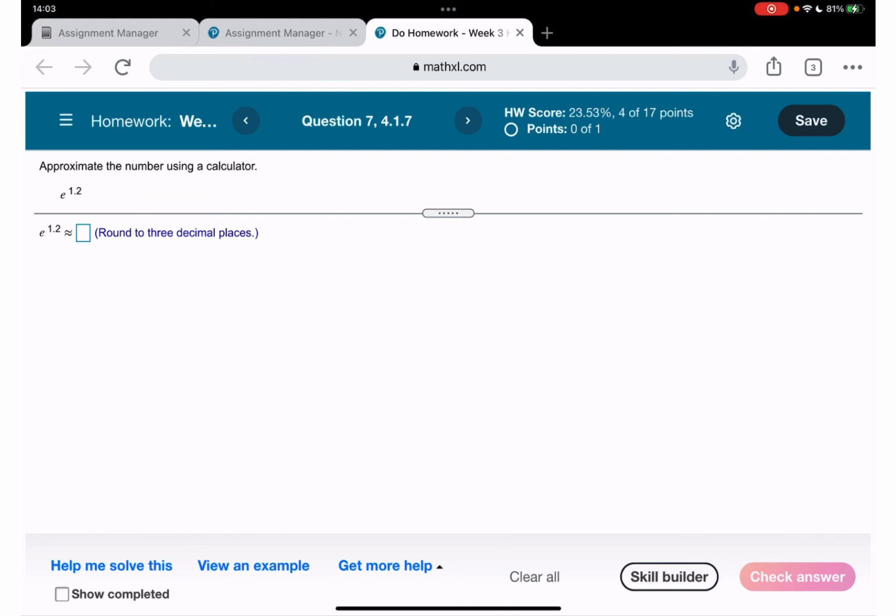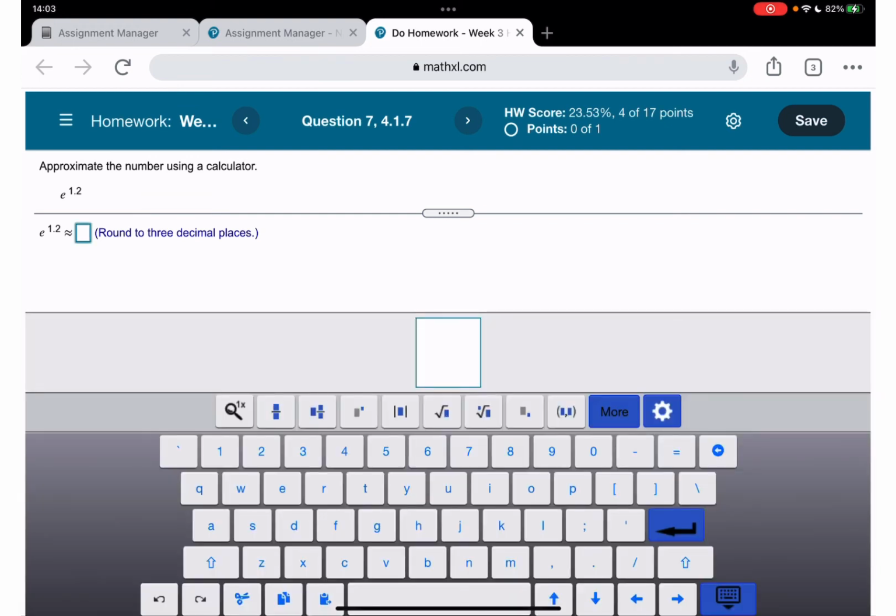So I'm going to punch e and then X to the power Y, and my power is 1.2, and I'm getting 3.320. Why did I add 0? Because it's asking for 3 decimals and I don't have rounding to anything higher.